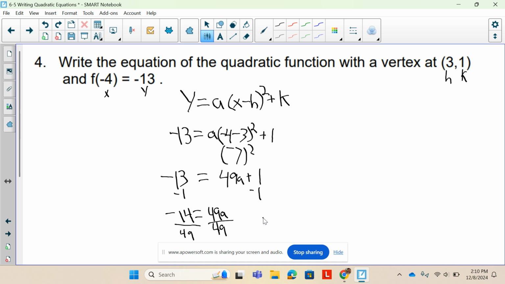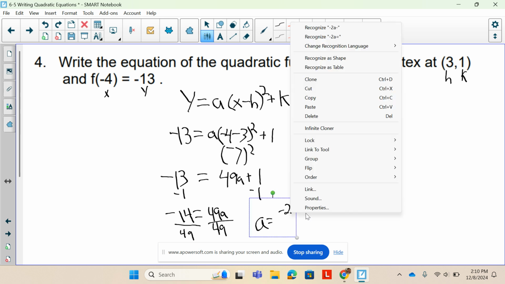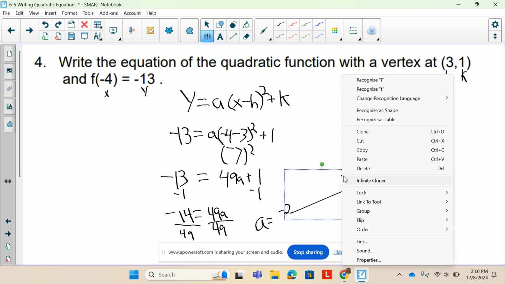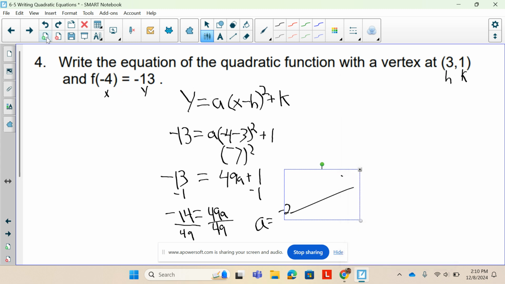So my a value in the end is going to equal negative 2 over 7.